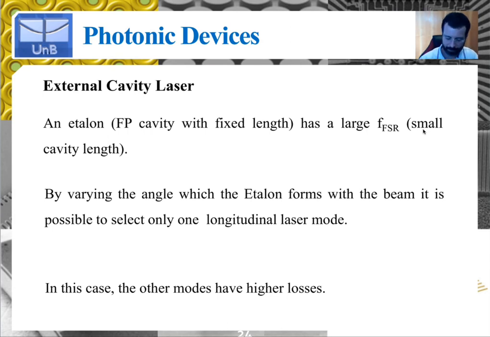So typically the etalon consists of a transparent substrate on which you just deposit a higher refractive index film with a small thickness. So usually sub-micrometer or 1 micron thick film, depending on of course the FSR that you want to design, but this is the cavity itself.